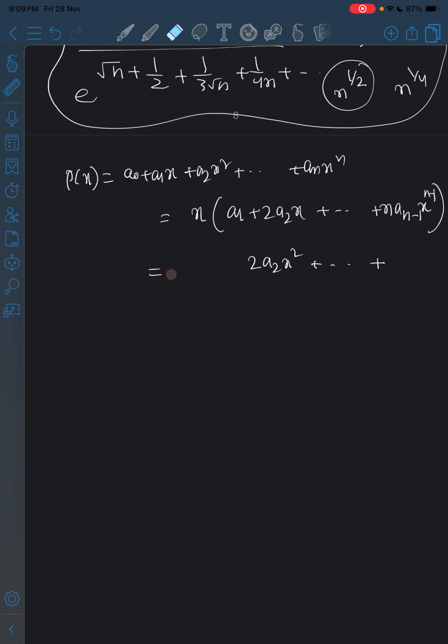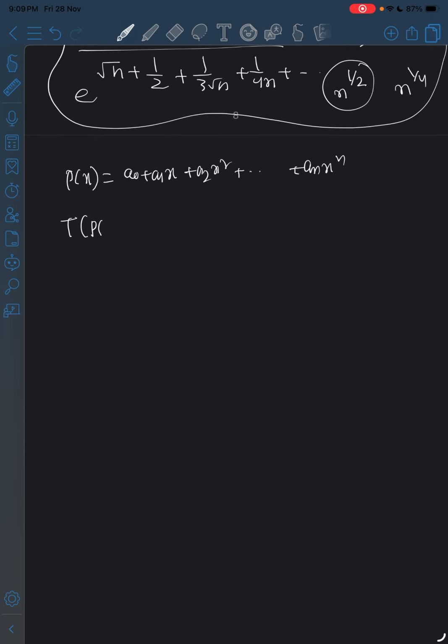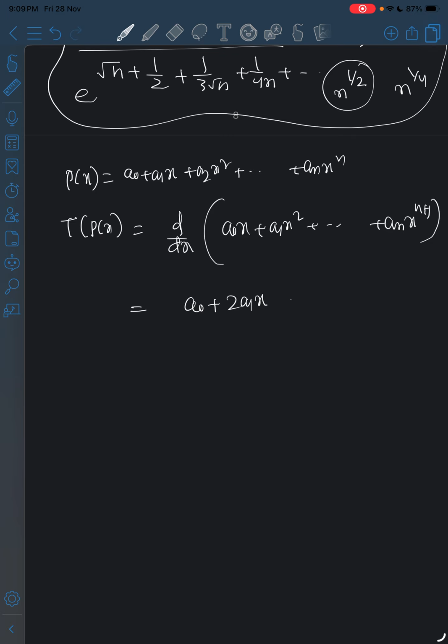So T of p(x) should be d/dx of a0x plus a1x square plus a2x cube, which is the same as a0 plus 2a1x plus 3a2x square plus dot dot dot plus (n plus 1) a_n x to the n.